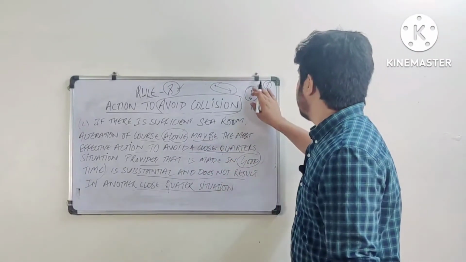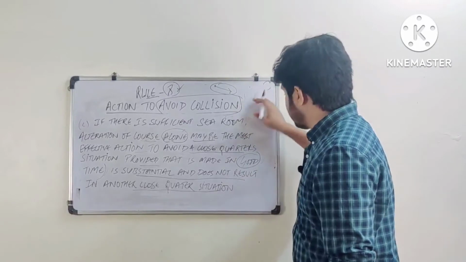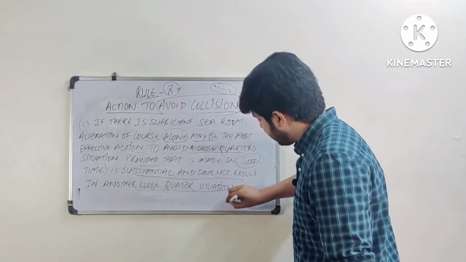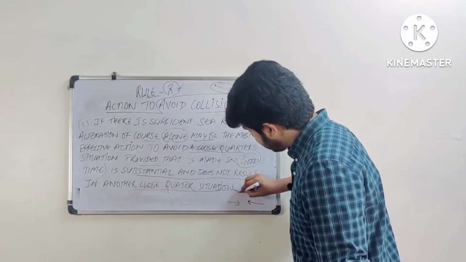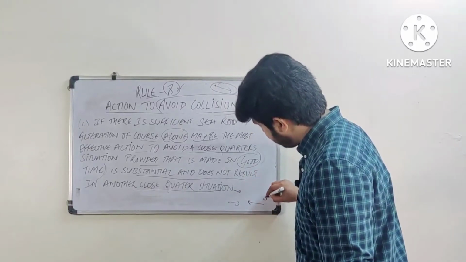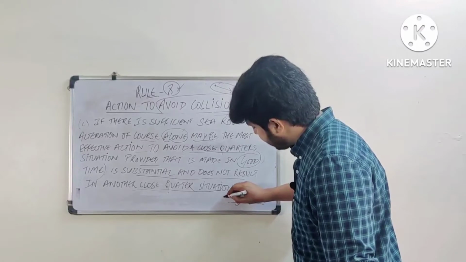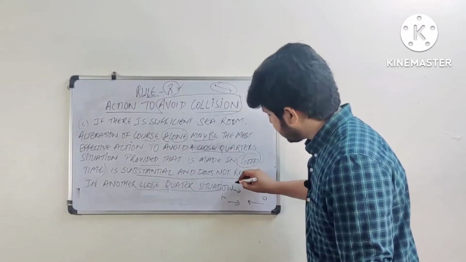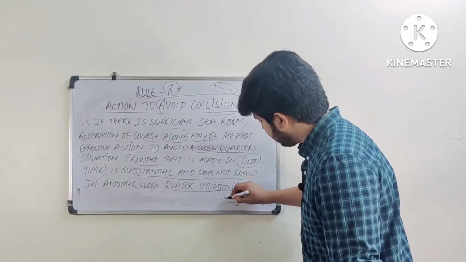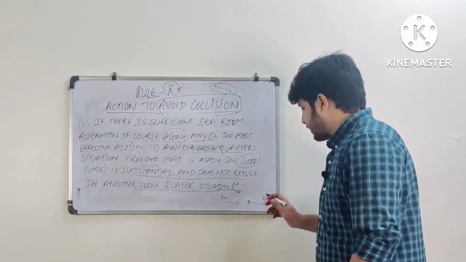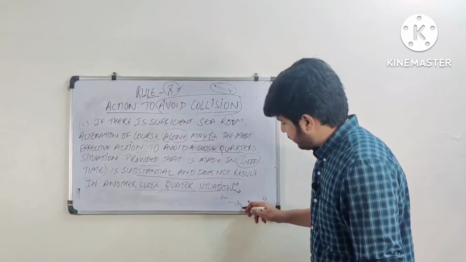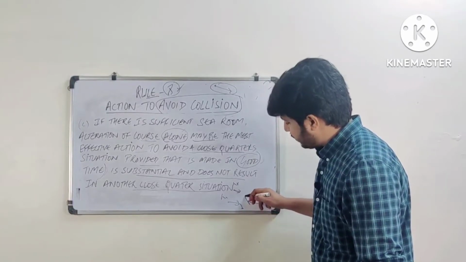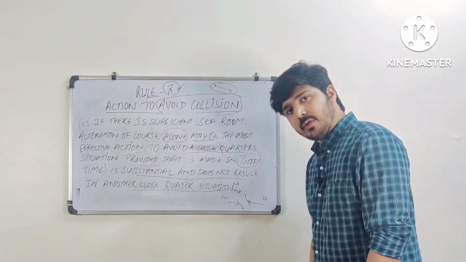Let's say the same situation, we can take a head-on situation. Let's say there is one more vessel coming like this. This is your own vessel, this is your target vessel, and this is another target vessel, we name it T2. As per the head-on situation, this one will go to starboard, and you will also go to starboard.